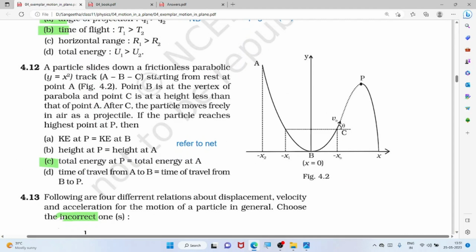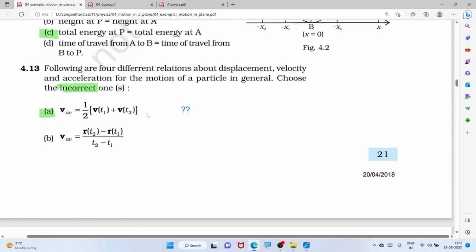So you can refer to this net for these things where particle is shown in a frictionless thing. You can also read the book. Following are 4 different relations about the displacement, velocity, and acceleration for the motion of the particle in general. Check which is the incorrect, they are asking. This one is incorrect, so you can go through the answers.